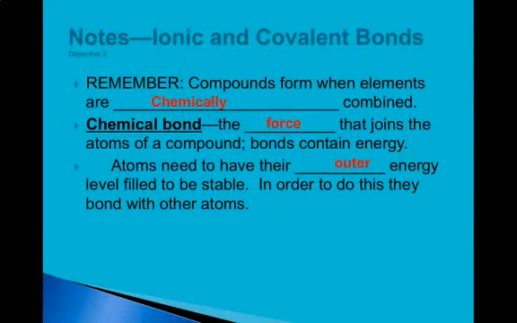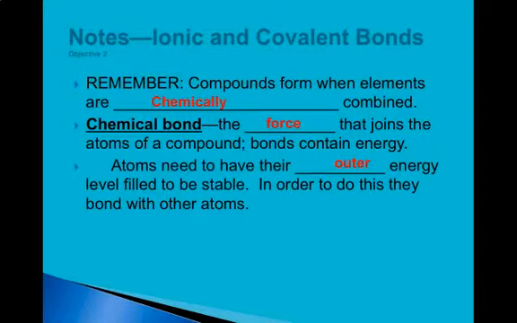For these chemical bonds, you need to know that atoms need to have their outer energy level filled at all times to be stable. If they're floating around and their outer energy level is not filled, then they're not stable, and they're trying to find some way to become stable. They do this by bonding with other atoms that are also unstable.